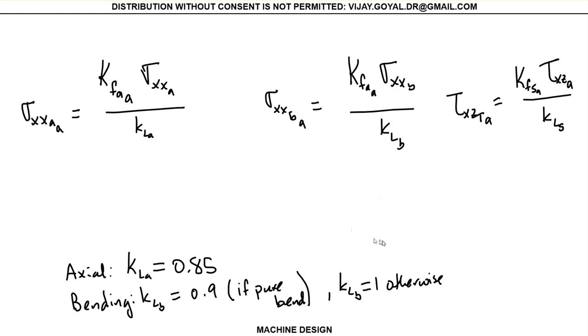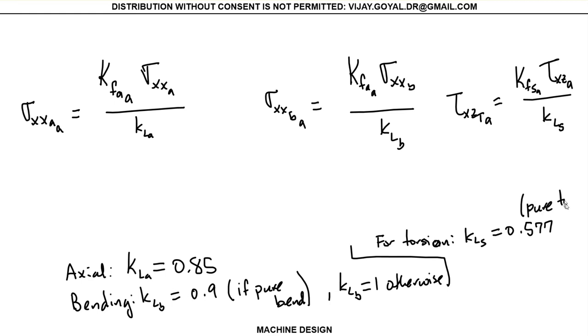Okay, for torsion, KLS is equal to, it's recommended to use 0.77. This is for pure torsion only. And KLS is equal to 1 otherwise. Okay, so just use this value only if you're working in pure torsion.